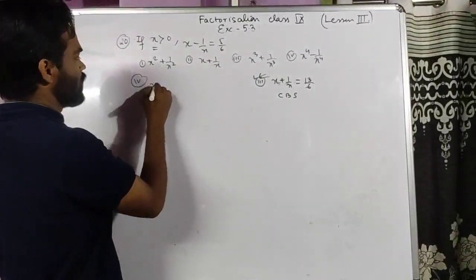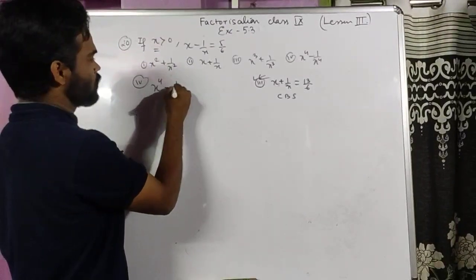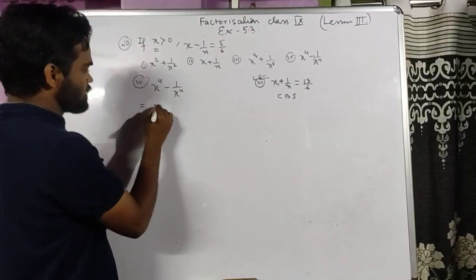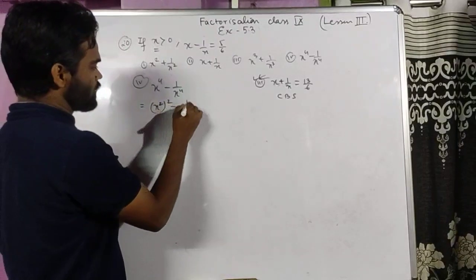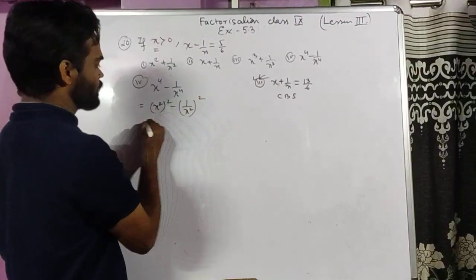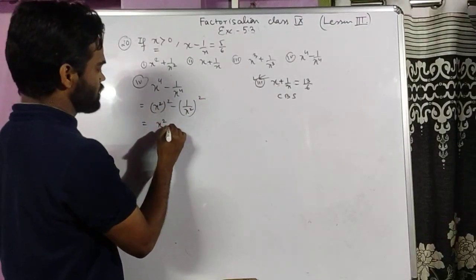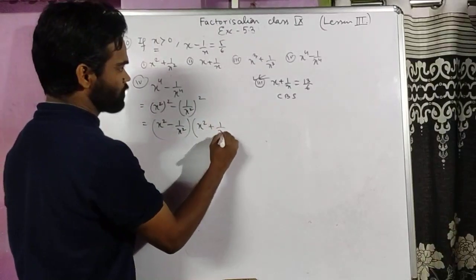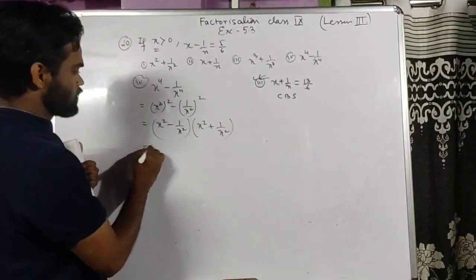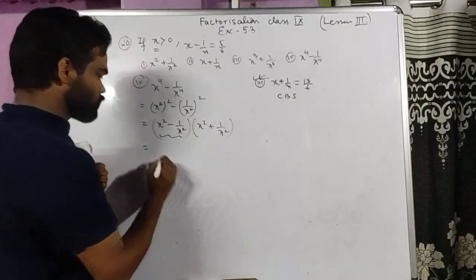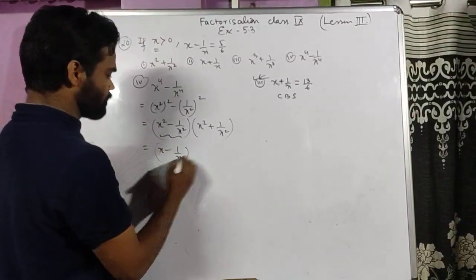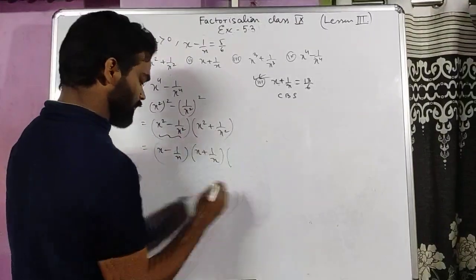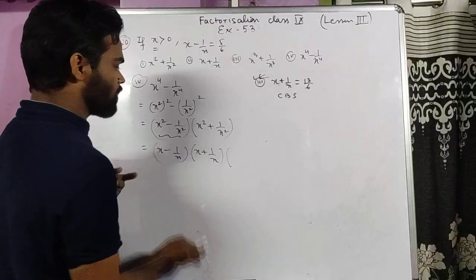Okay, x to the power 4 minus 1 by x to the power 4. Now this we can write as a square minus b square. This we can write as a minus b, a plus b. Look carefully. Again, this is a square minus b square, a minus b, a plus b. This remains like x square plus 1 by x square.